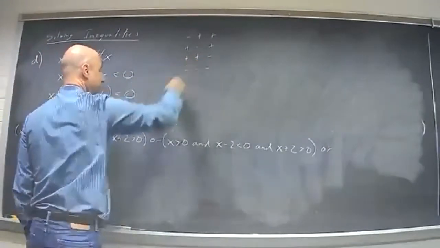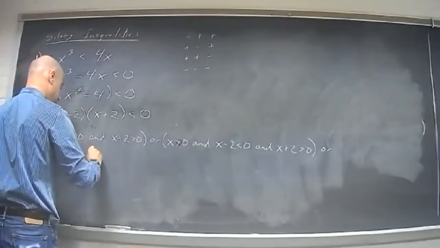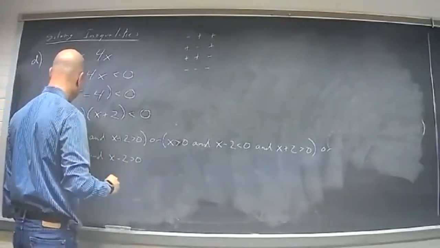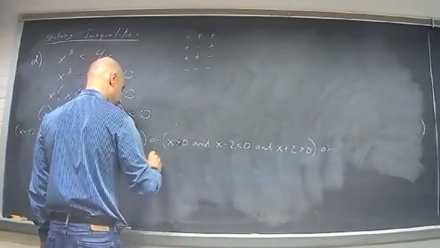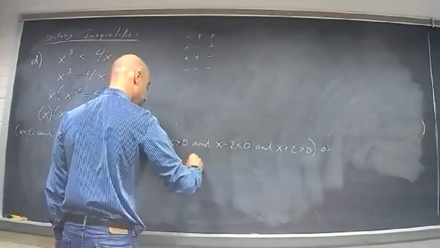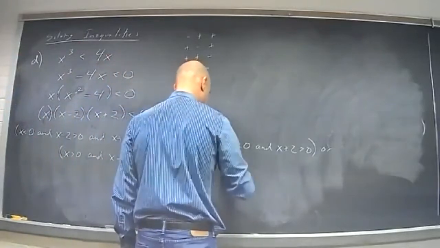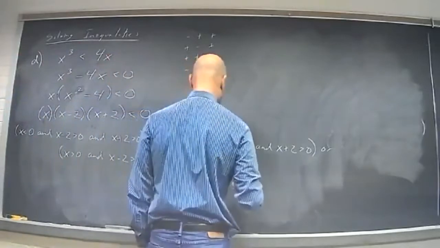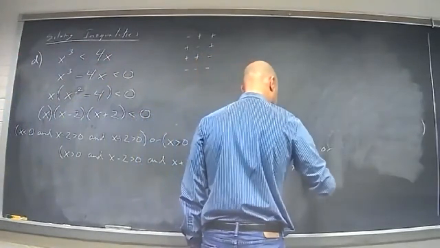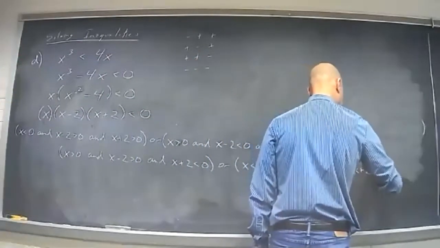the first 2 are positive and the third one's negative, x is greater than 0, and x minus 2 is greater than 0, and x plus 2 is negative, or they're all negative. x is less than 0, and x minus 2 is less than 0, and x plus 2 is less than 0.